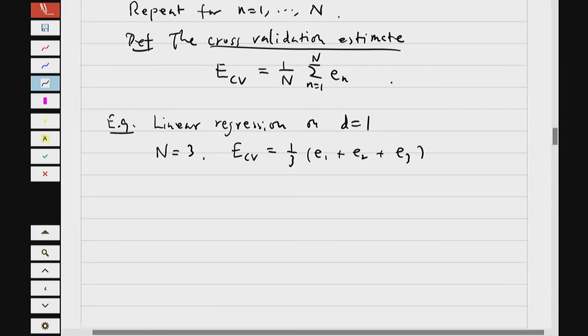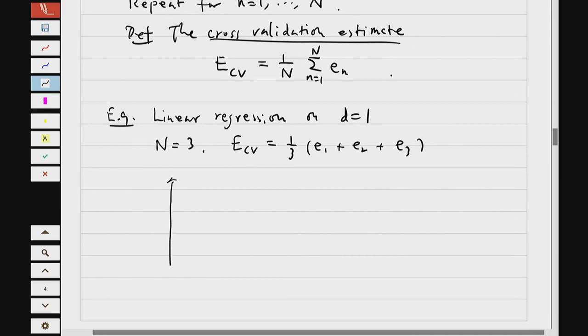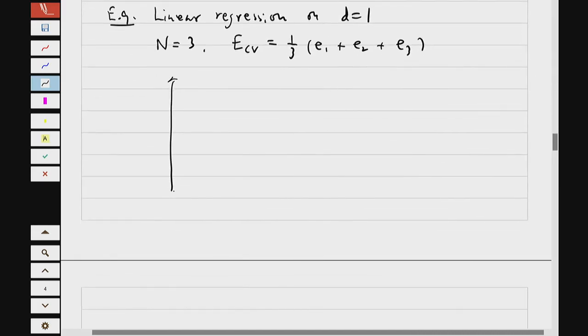Let's look at one example. We have 1 point here, 1 point there, and then a slightly higher point over here. The locations are x1, x2, x3, the locations of the 3 data points.